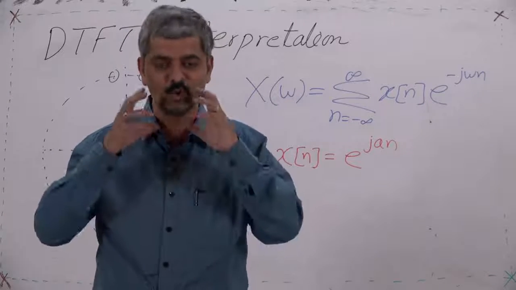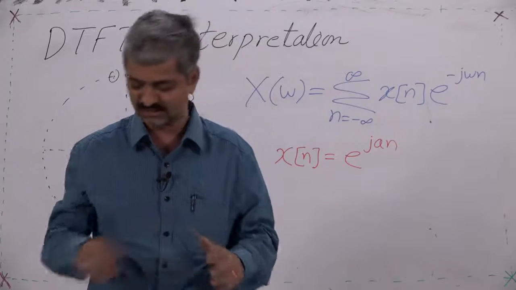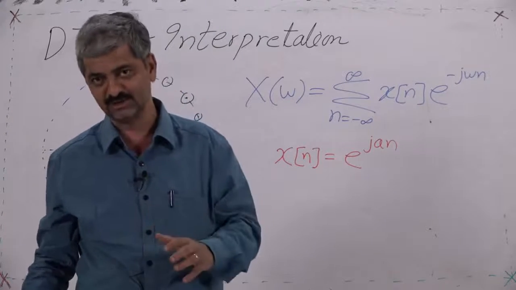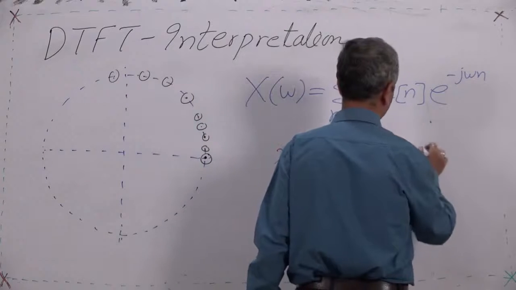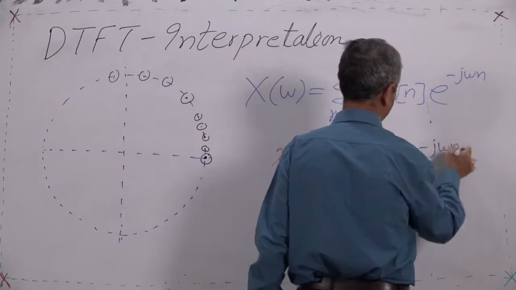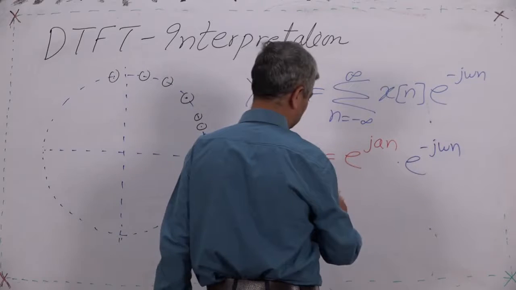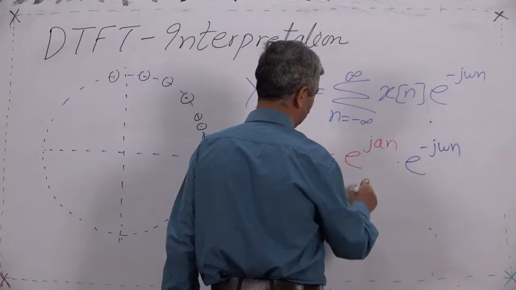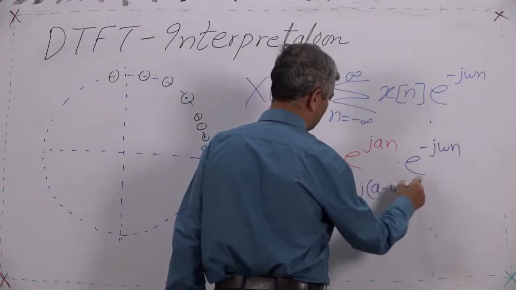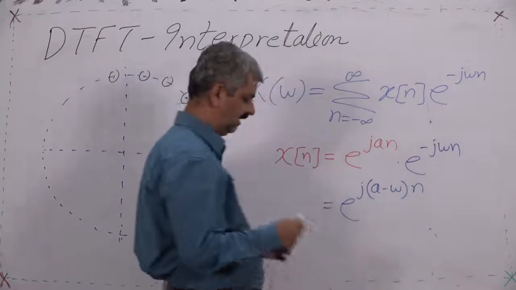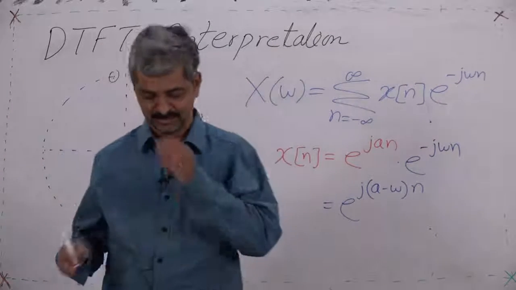Multiplication of two rotating points on the unit circle, what would it be? If I multiply them like this, you know both are exponential signals, so it would be e raised to j into bracket a minus omega, n.